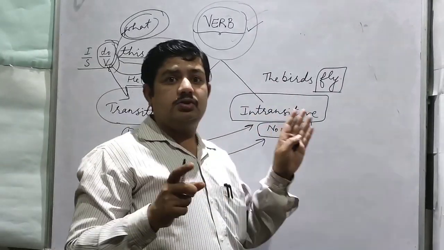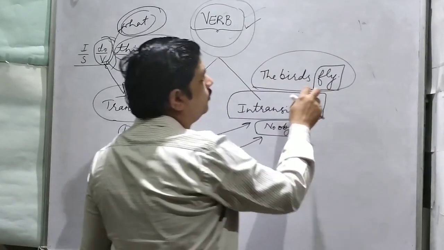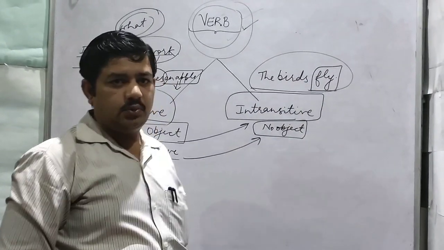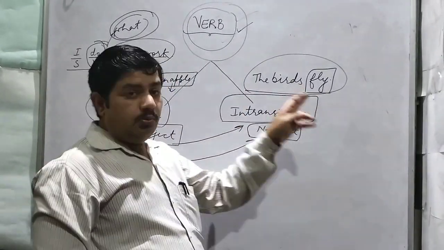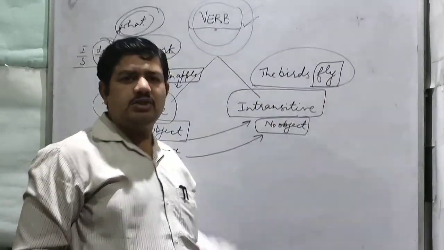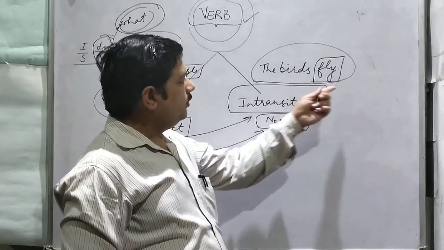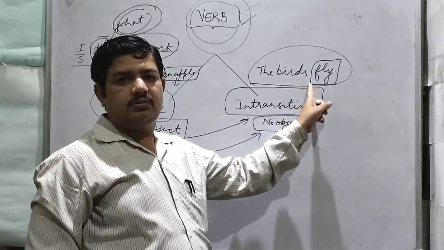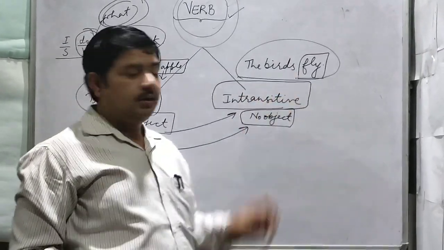This is one indication. And the other thing, it is almost impossible to convert this particular sentence into passive form. Grammatically it is not good to frame this sentence into passive form. The birds fly.